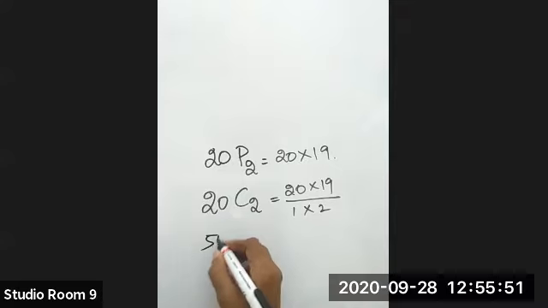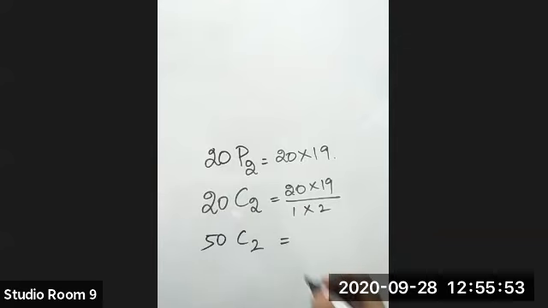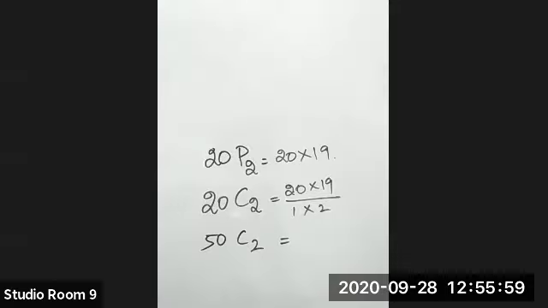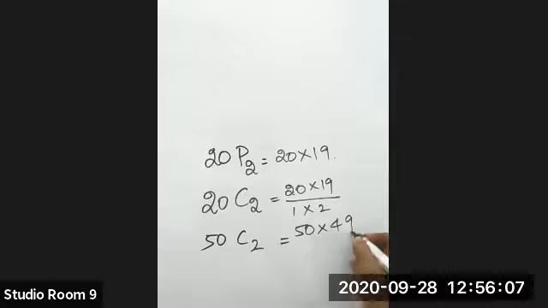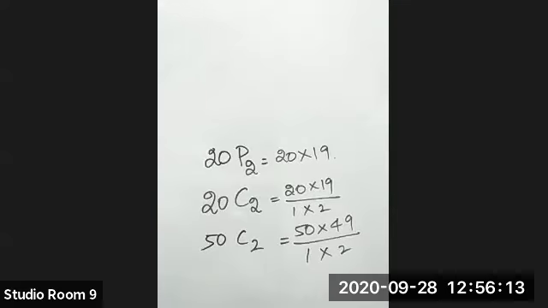So what will be 50C2? By applying this method, 50 into 49 by 1 into 2. This one you can simplify and find.